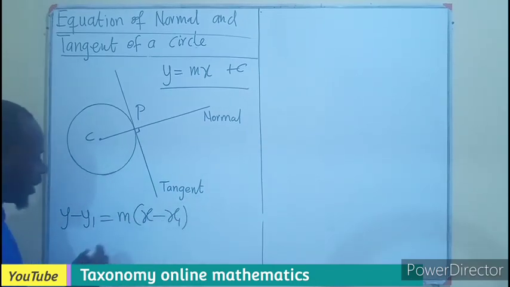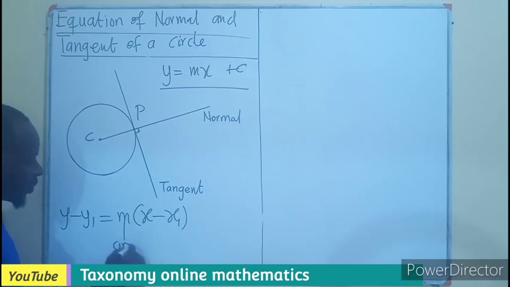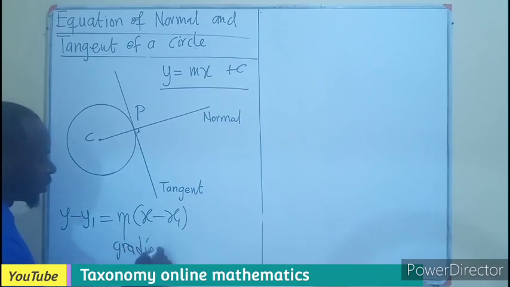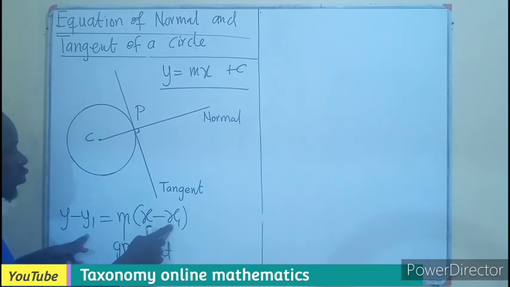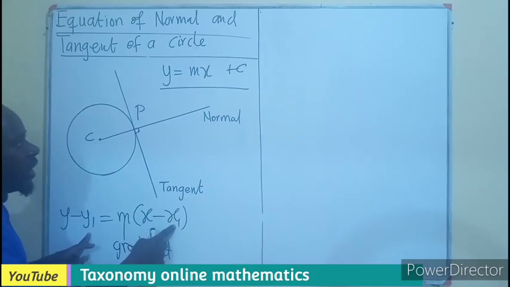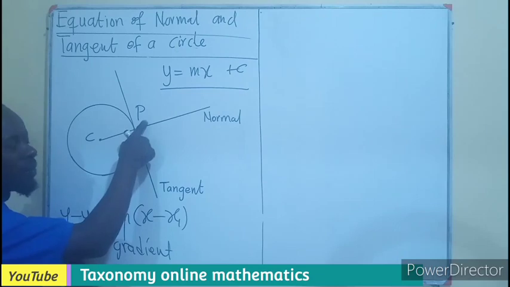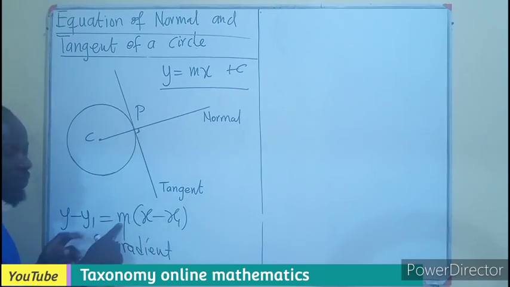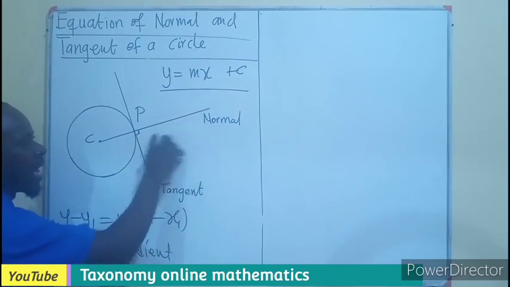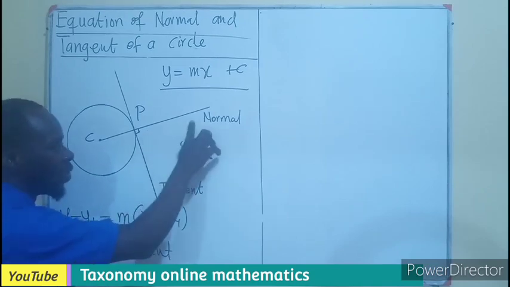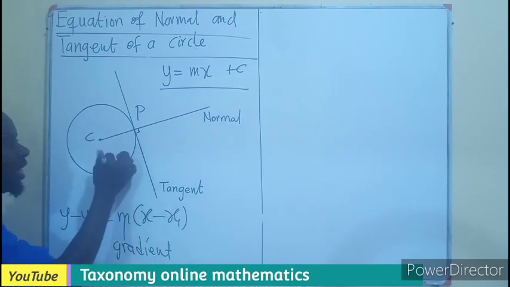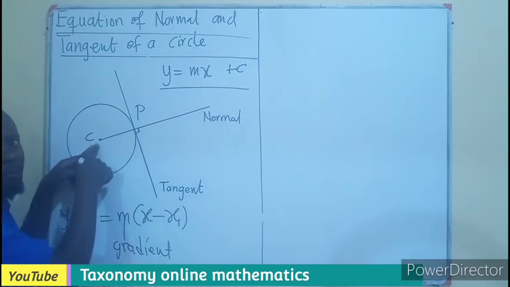x1. We need a gradient, and we also need the points. And the point is the point P, which definitely will be given to us. Then for us to be able to find the gradient before we can find the equation of either the normal or the tangent, we need the point of the center.